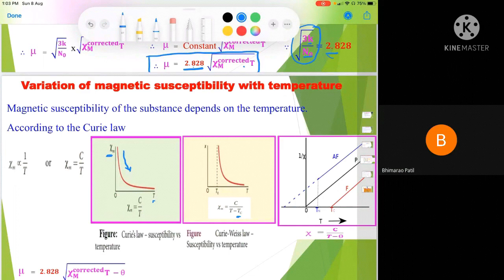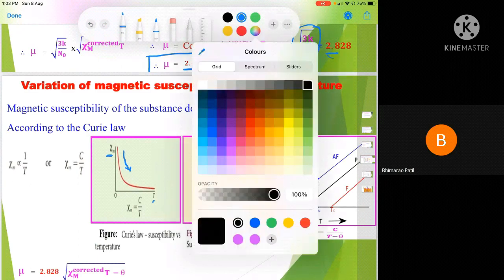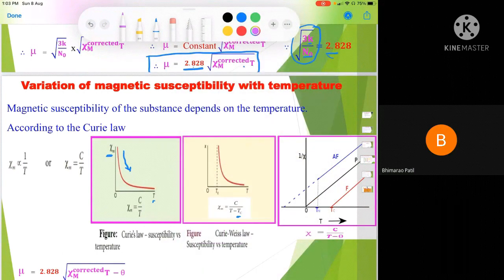And here this region particularly, I have shown here. You see this region, yes, it is a complex region.